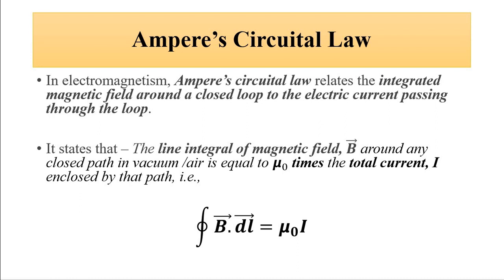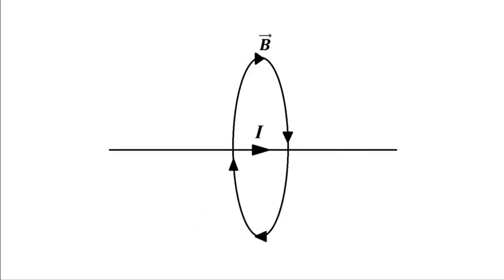Here, let us say we have a straight current carrying conductor, carrying current capital I. By the right hand grip rule, this is the direction of the magnetic field.